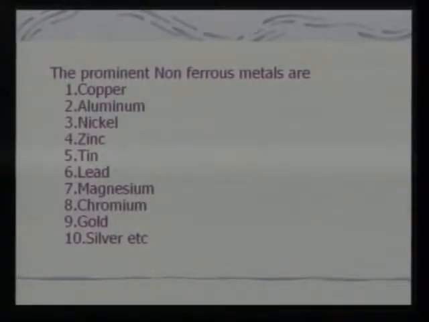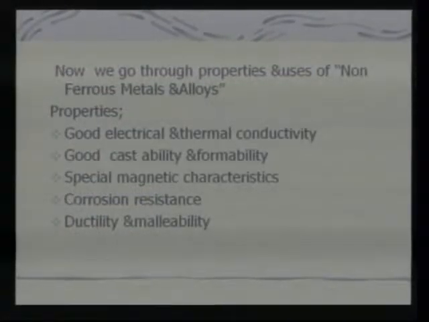The prominent non-ferrous metals are copper, aluminum, nickel, zinc, tin, lead, magnesium, chromium, gold, silver, etc. Now we go through properties and uses of non-ferrous metals and alloys.